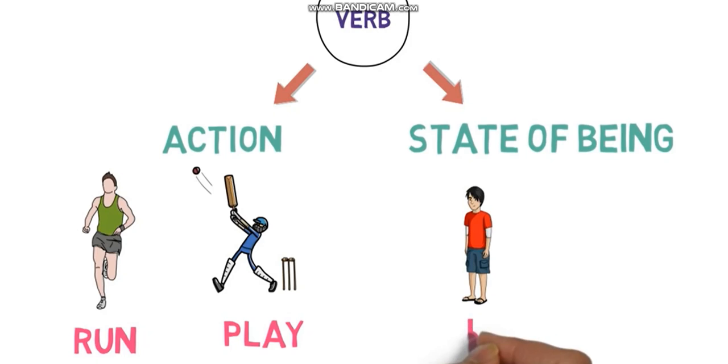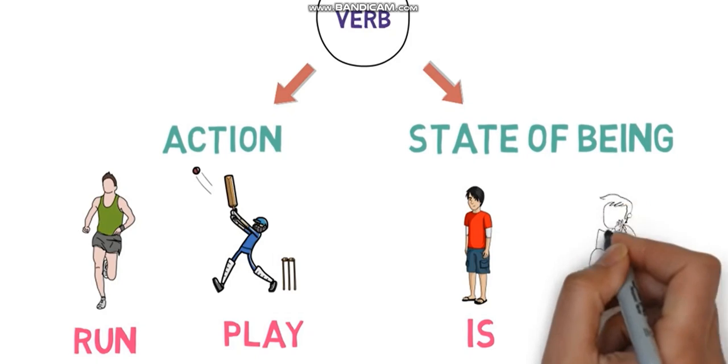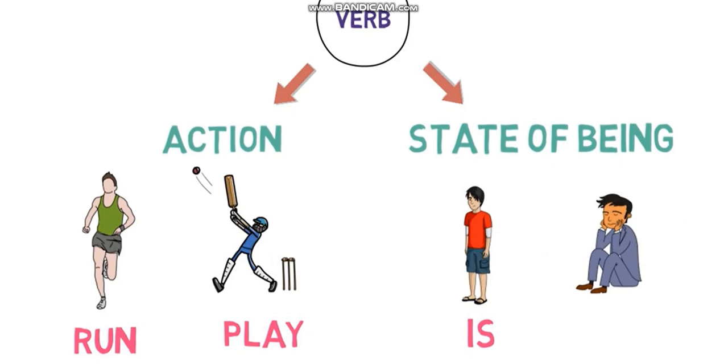So, is here is a state verb as it defines the state, whether he is a boy or girl. In this image, the boy feels very tired. So, feels here is a stative verb as it defines the state of the boy.